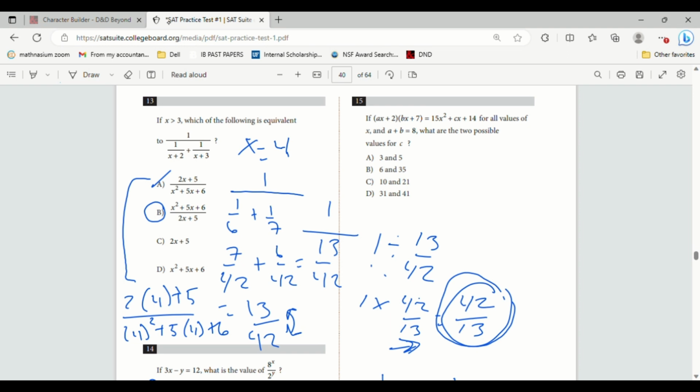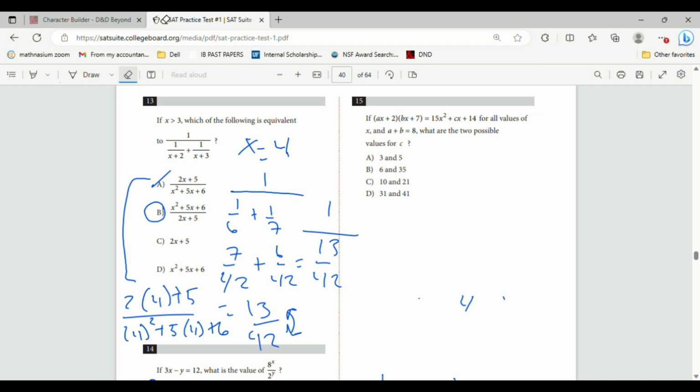Okay, number 15. I'm going to have to give myself some more room. So it says if ax plus 2 times bx plus 7 equals 15x squared plus cx plus 14 for all values of x, and a plus b equals 8, what are the two possible values of c?